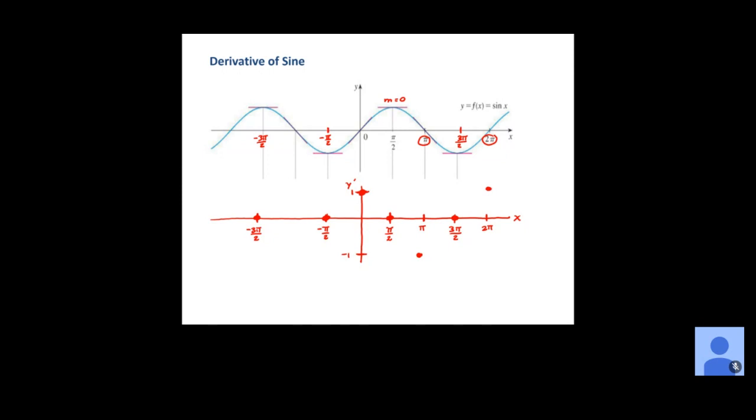And then we can kind of see that with all these other points. This point right over here will be -pi, halfway in between here. That looks like it's going to have a negative slope of -1, so that's going to be down here. And then if I go all the way out to -2 pi, that looks like it's going to have a slope of +1. -2 pi, it's going to be up here.